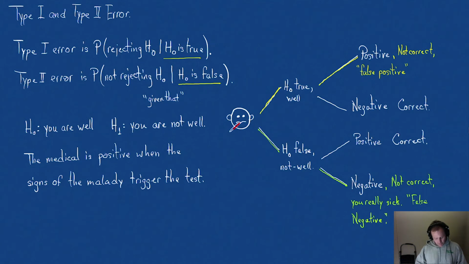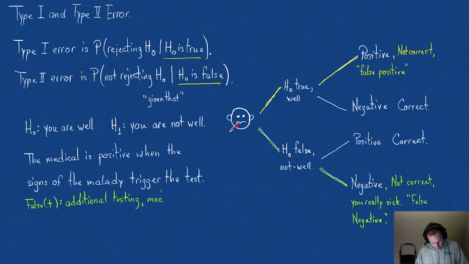Now, let's take a look a little bit about this. If you have a false positive, what are some of the ramifications from that? Well, some of the ramifications of that might be you have additional medical costs, additional testing, maybe you'd be put on medication, treatment.